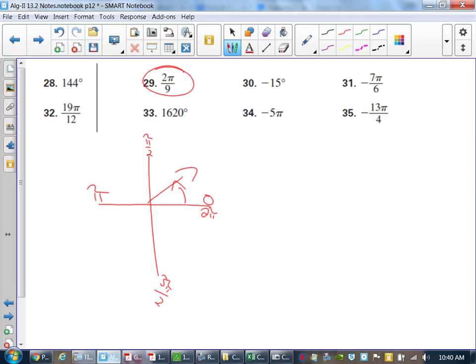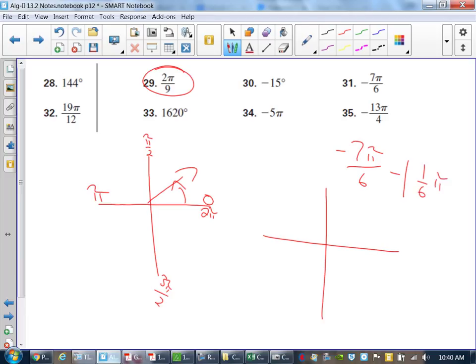If I look at negative 7 pi over 6, with the negative, it tells me I'm going the other direction. I am now going to go clockwise. Same idea. Think about it in terms of how much pi is it? Well, this is 1 and 1/6 pi.